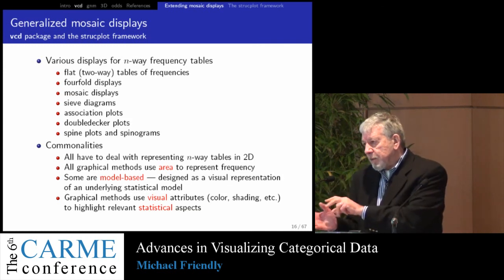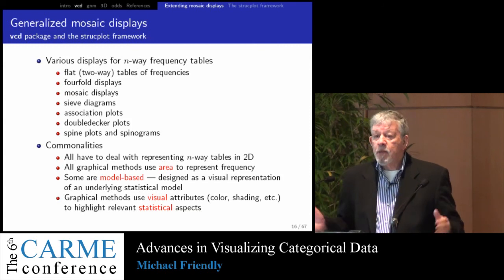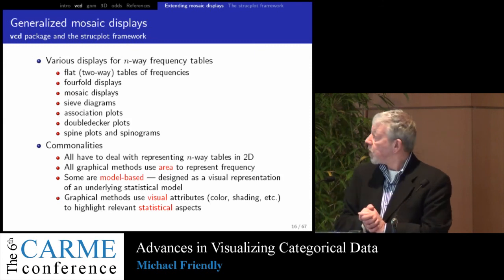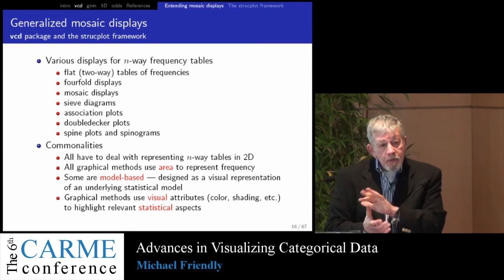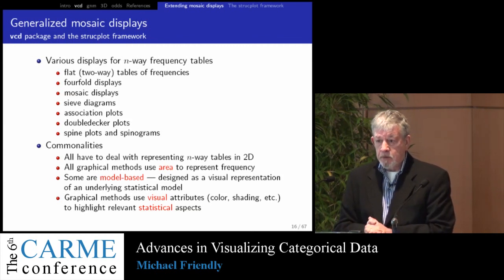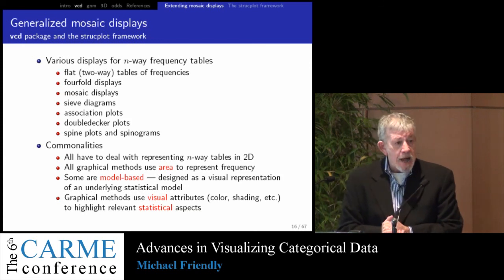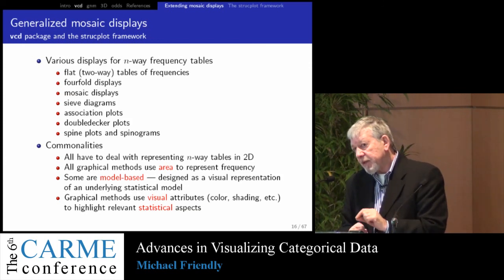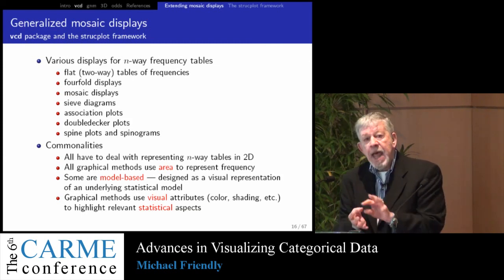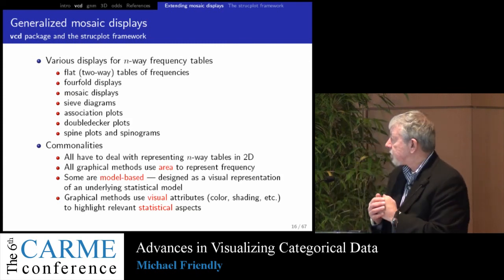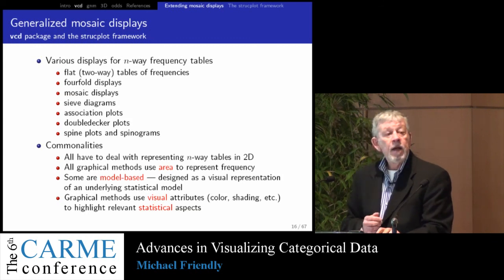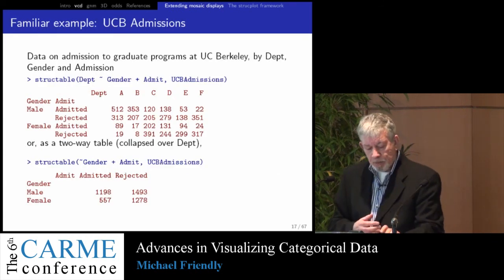And I don't mean a 2D model or a 3D model, but rather the restriction that the plane of a piece of paper or a computer screen is always 2D. All of these methods use area as the metaphor to depict frequency. Some of these are model-based, and that is to say that they are designed to give a visualization of both the data and some statistical aspects of the data. And they all use visual attributes, color, shading, to highlight relevant statistical attributes.